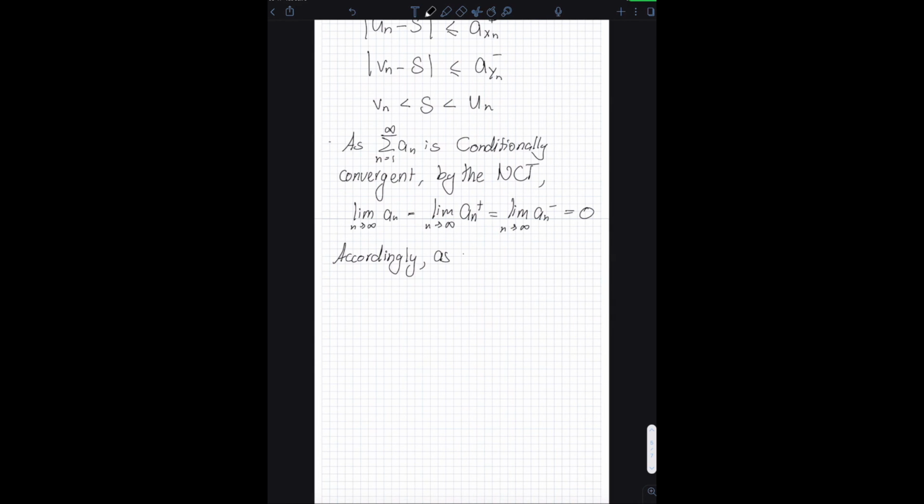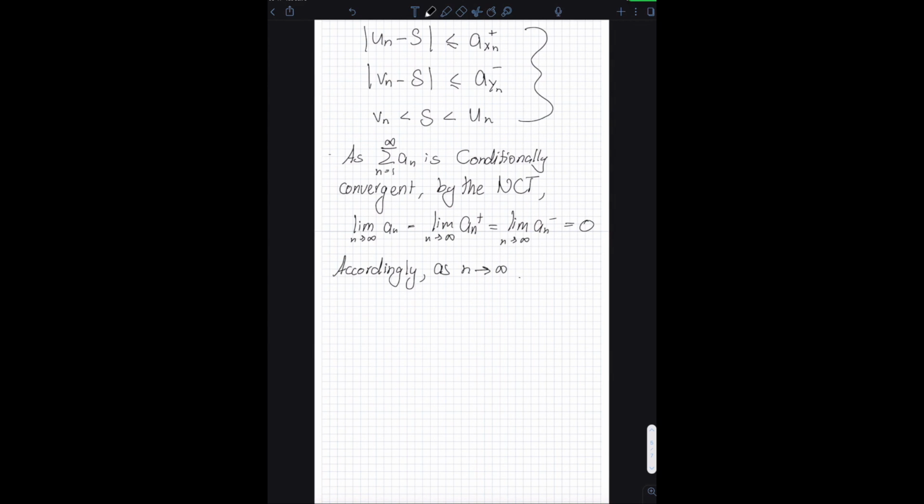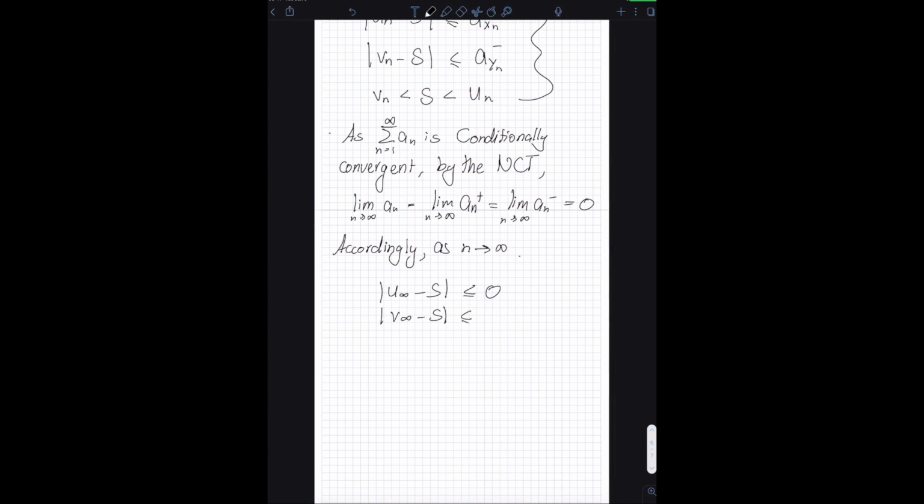as n tends to infinity, let's see what happens to each one of these cases. Well, u of infinity minus S in absolute value is going to be less than or equal to S. So all I'm doing is applying the limit as n approaches infinity on both sides, and I'm going to get v of infinity is less than or equal to S, which is less than or equal to u of infinity.